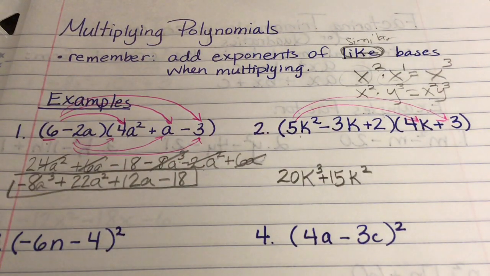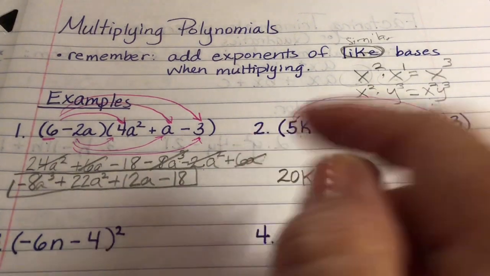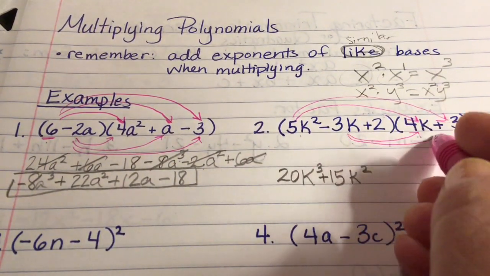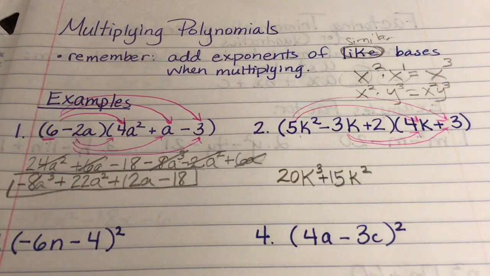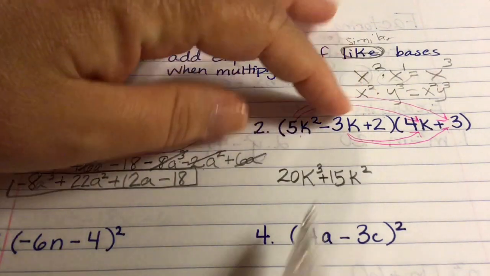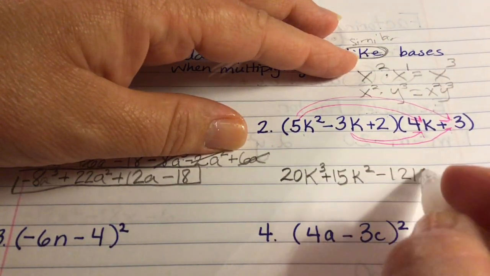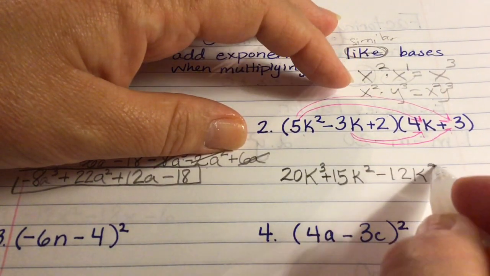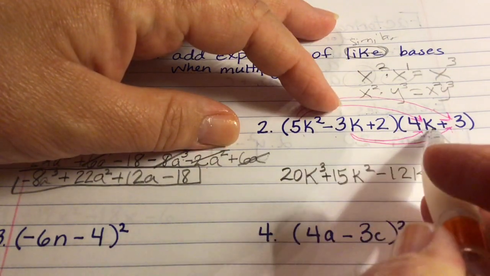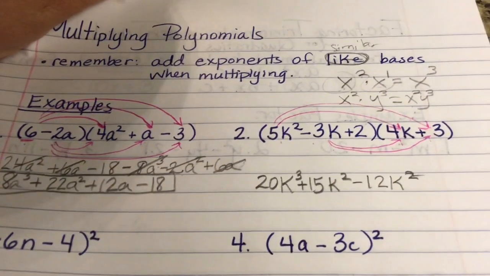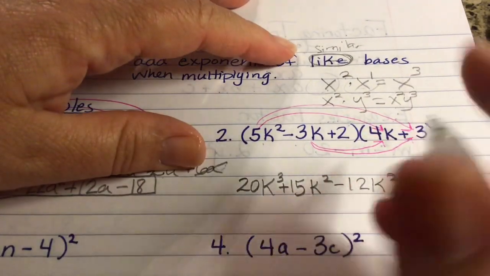Now I'm going to distribute my negative 3k. Negative 3k times 4k and negative 3k times 3. So negative 3k times 4k is negative 12k squared. Oh, not a very good square. Negative 3k times 3 is positive 9k.